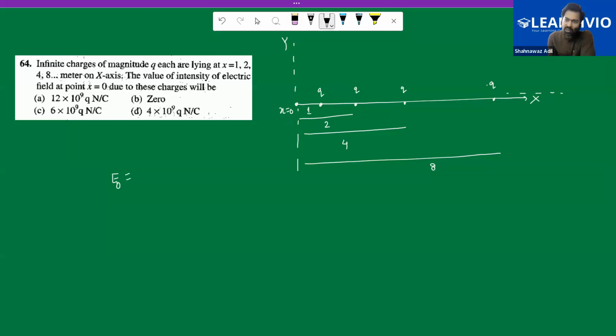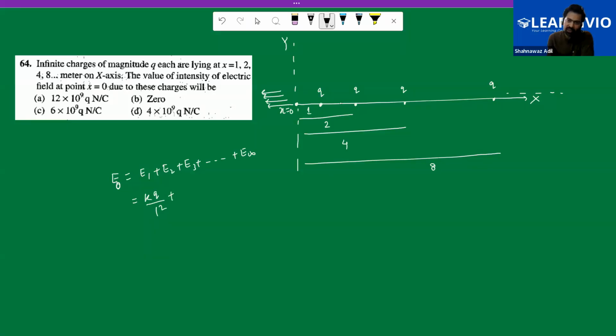All these are positive charges, so the electric field would be in this direction for all of them. So E naught would be simply E1 plus E2 plus E3 and so on up to the end, right? And E1 is how much? That is KQ by 1 square.